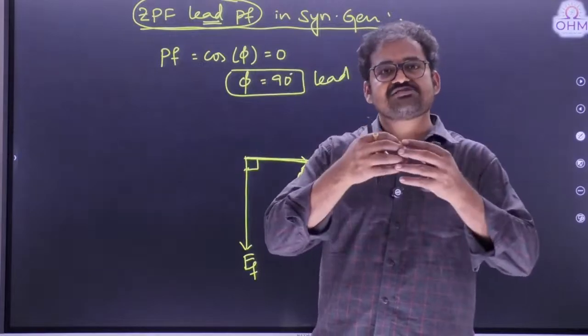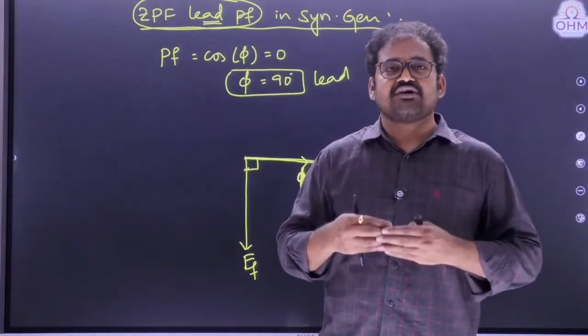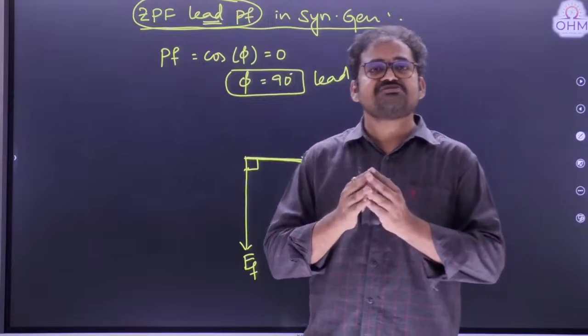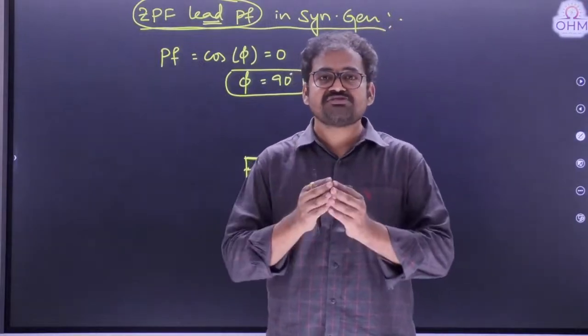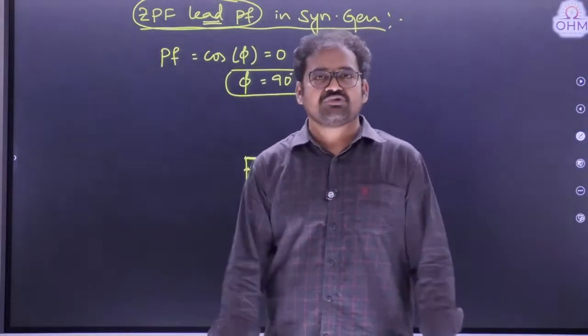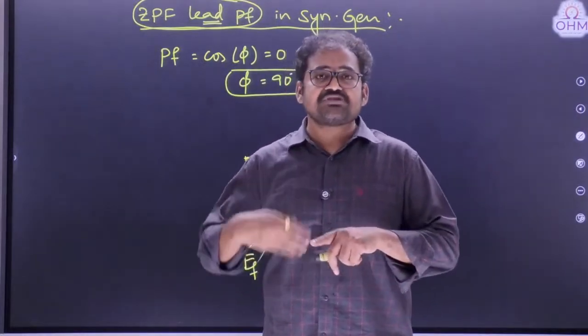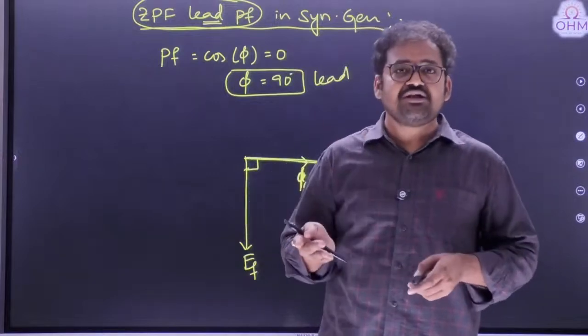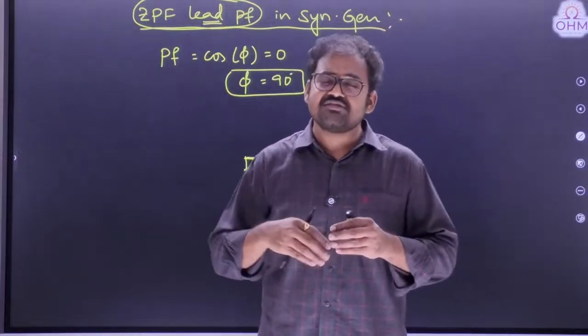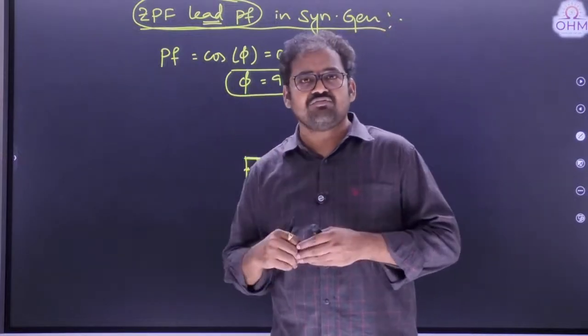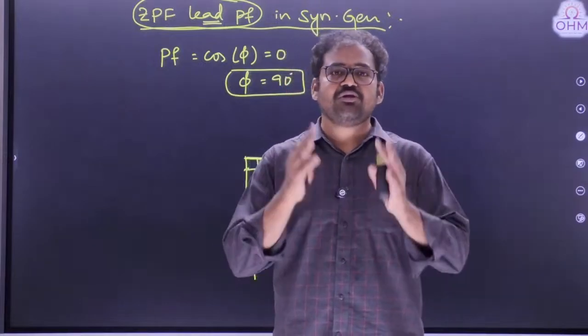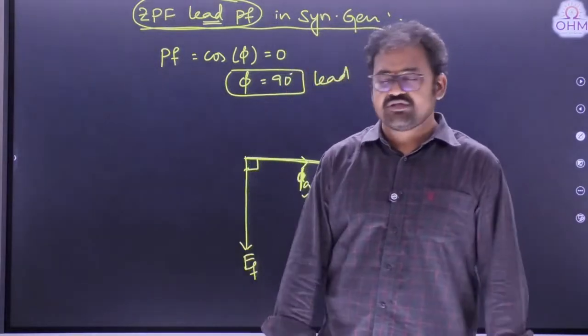That means resultant flux will decrease, and resultant voltage will also decrease. That means drop in voltage effect. So magnetization and demagnetization represent the change in the resultant voltage, which may be either rise in voltage or drop in voltage. It depends upon the load power factor.